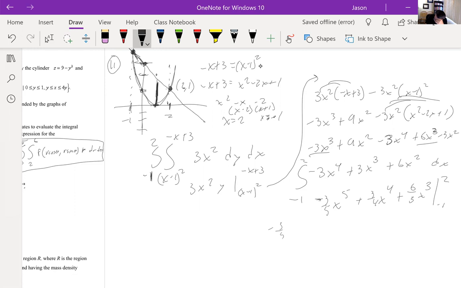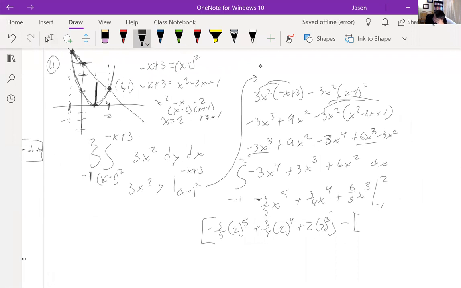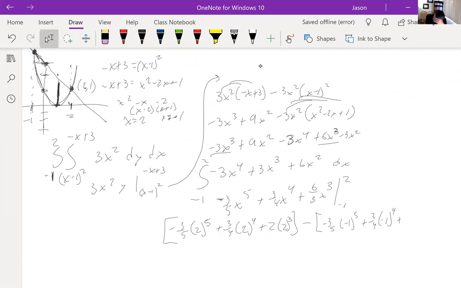But we get negative 3/5 times 2 to the fifth, plus 3/4 times 2 to the fourth, plus 2 times 2 cubed, minus negative 3/5 times negative 1 to the fifth, plus 3/4 times negative 1 to the fourth, plus 2 times negative 1 to the third.